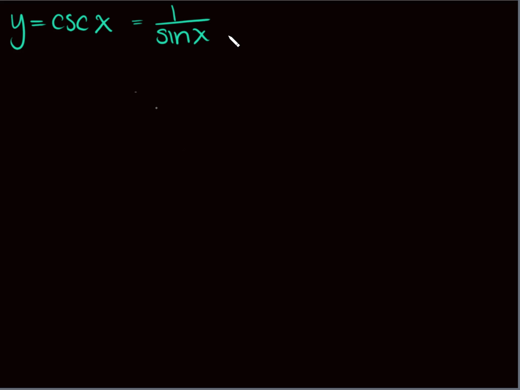Now, here's what you have to worry about when you're worrying about the reciprocal functions. You have to determine where you have asymptotes, because we have fractions now. Remember, sine are my y values. So we're going to have asymptotes anywhere where we're on the x-axis. I'm just going to kind of draw my unit circle. Where am I going to have asymptotes?